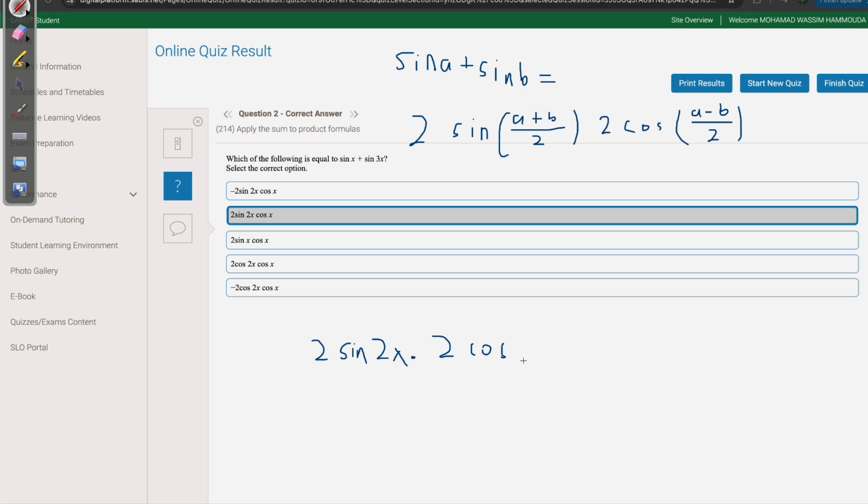Oh, my bad, it's not 2 here, sorry. 1 minus 3 over 2 is negative x. Now see here, cosine x is equal to cosine negative x. So if we simplify, since we cannot have a negative inside the cosine for this question, it's 2 sine 2x times cosine x.